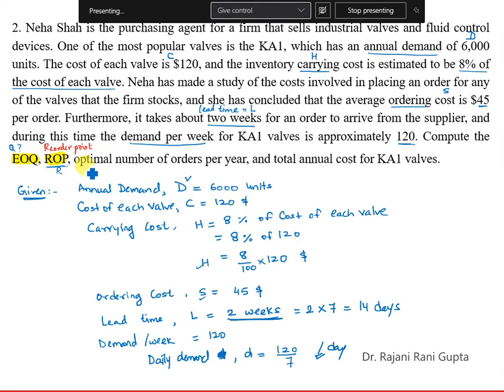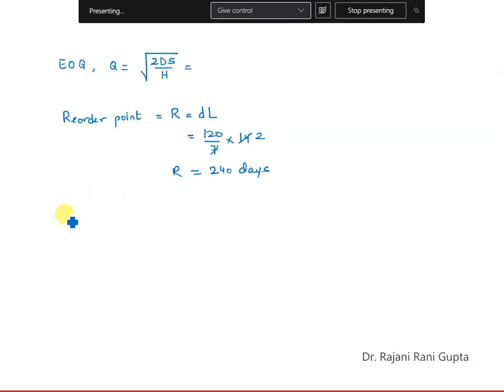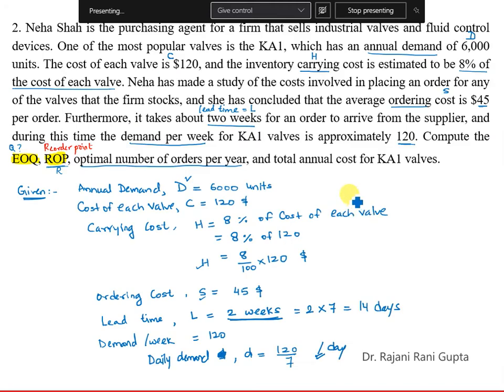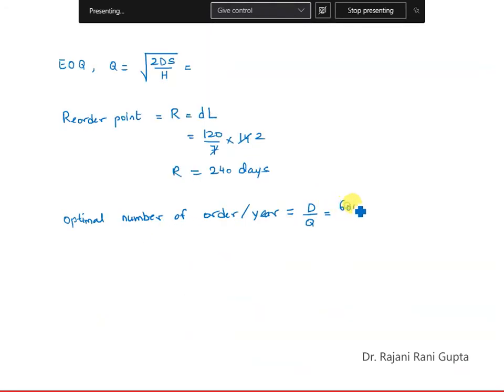Okay. Then the optimal number of orders per year. For that, the formula is the optimal number of orders per year, given by D over Q. We already have the annual demand as 6,000 units. 6,000 divided by Q. We will get the value of Q from the previous formula.